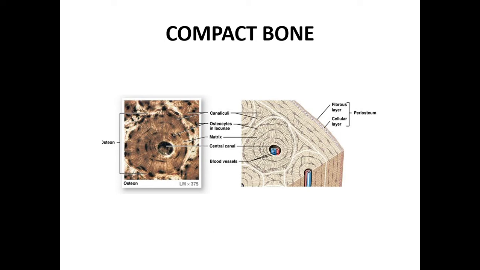I would like you to focus on one concentric arrangement we call the Haversian system. At the center, we have the central canal or Haversian canal, and surrounding the canal is a concentric arrangement of the bone tissue. We call each concentric layer a lamella.